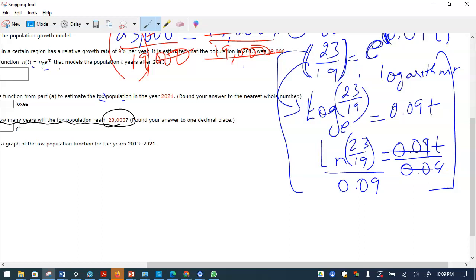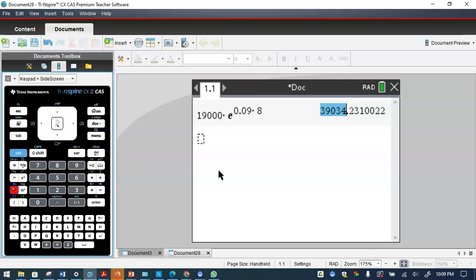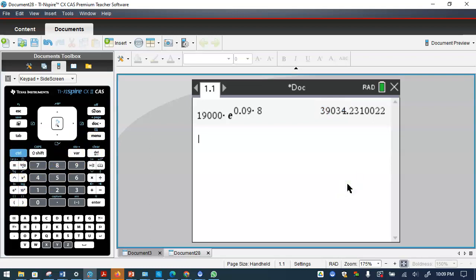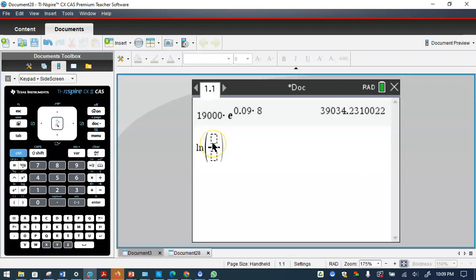Let's check with the calculator. So click ln and then the ratio, the quotient, 23 divided by 19.